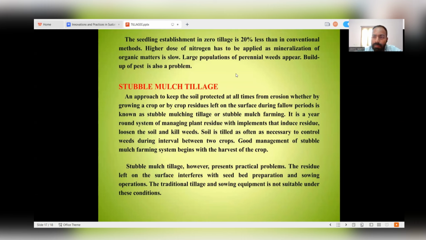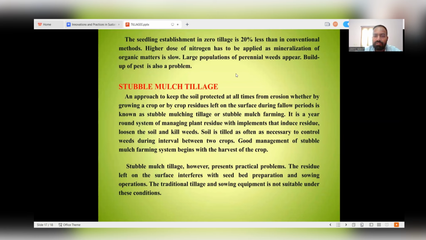Then stubble mulch tillage. An approach to keep the soil protected at all times from erosion, whether by the growing crop or crop residues left on the surface during the fallow period, is known as stubble mulch tillage or stubble mulch farming. It is a year-round system of managing plant residue with implements that loosen the soil and kill the weeds.